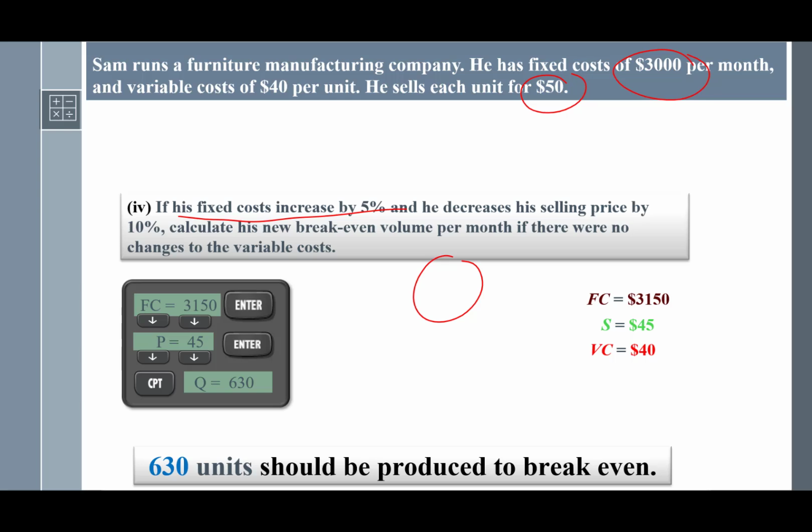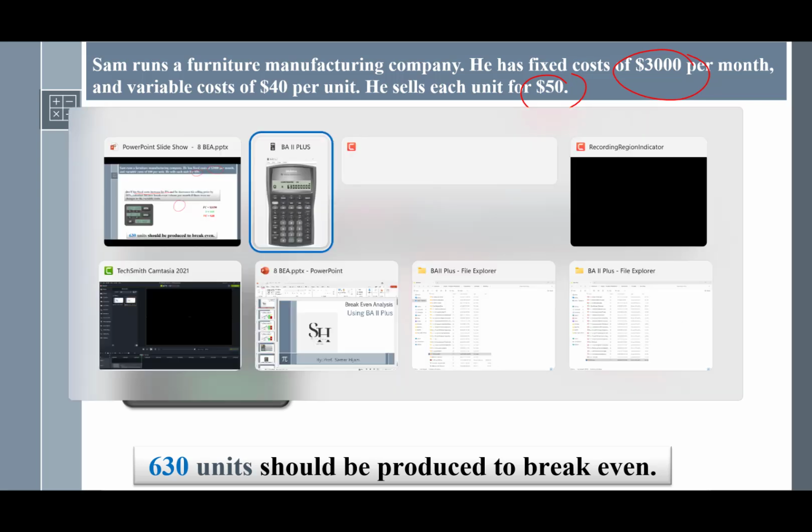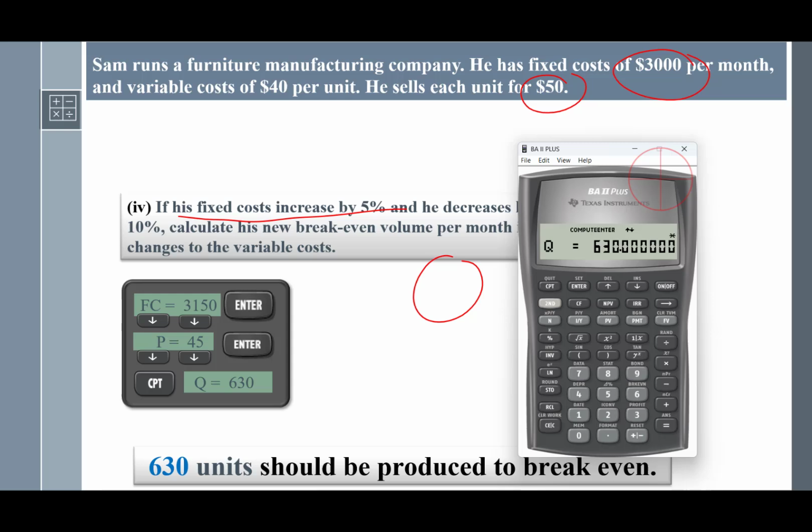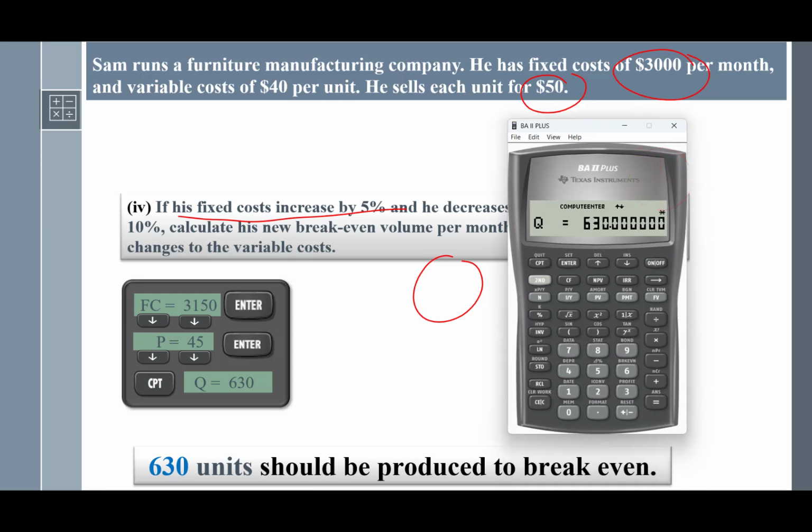So as I said, when it comes to the calculator, all you have to do is enter everything and then leave what you're looking for till the end. So let's assume the question asked for, let's return this back to 3,000. And this is 40 and this is 50.